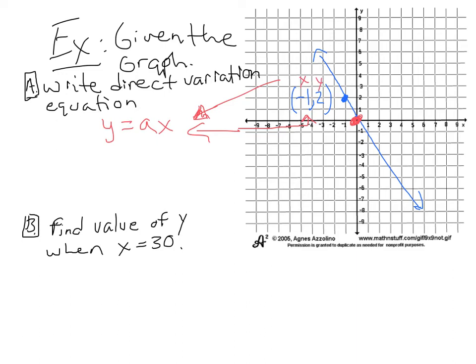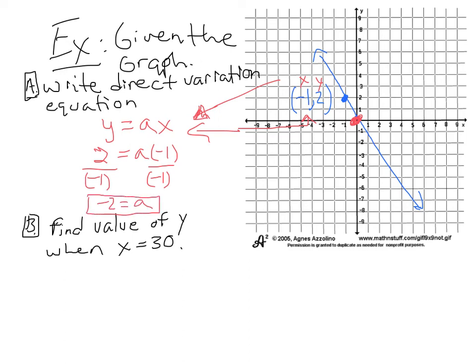X has a value of -1, y has a value of 2. So 2 equals, well, we don't know a, and we know that x is worth -1. To figure out what a is, you can just undo using inverse operations. If we divide -1 on both sides, we'll find that a has a value of -2.